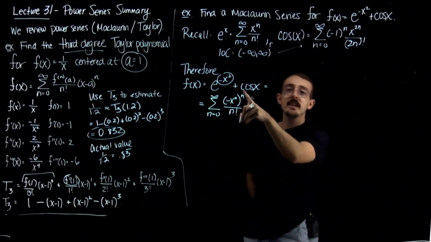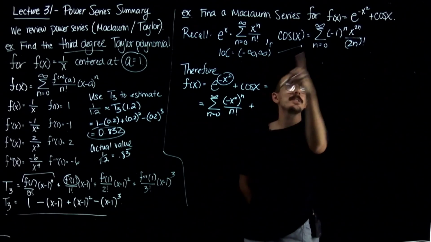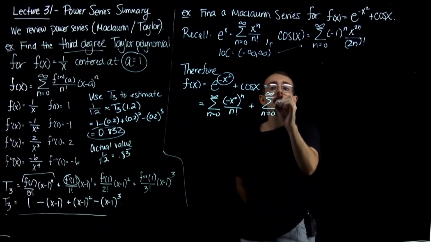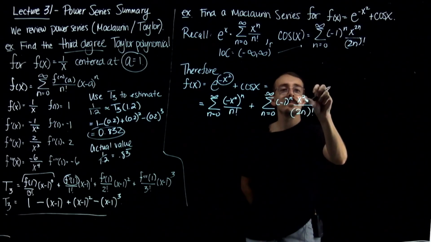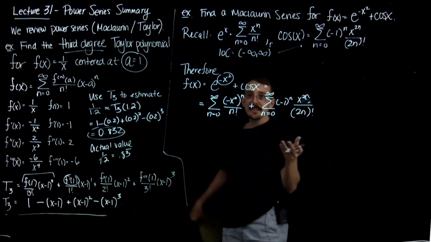Plus, I'm moving up here to cosine. I haven't even manipulated this at all. So this cosine is just going to become exactly the Maclaurin series I have, which is n equals 0 to infinity, negative 1 to the n, x to the 2n divided by 2n factorial. So this is this written out.